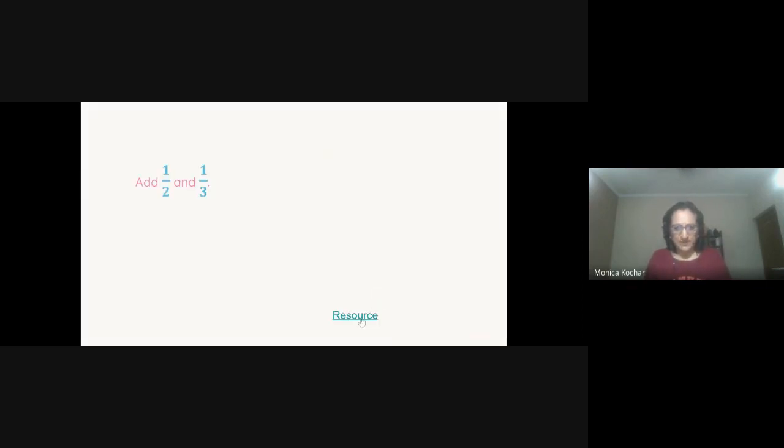So this is where I'll share with you what ma'am said about fraction tiles. Fraction tiles are simply fraction strips. You have them horizontal and then you can just cut them. So I'm giving you this document here. And fraction tiles is, let's say you have to add 1 by 2 and 1 by 3.